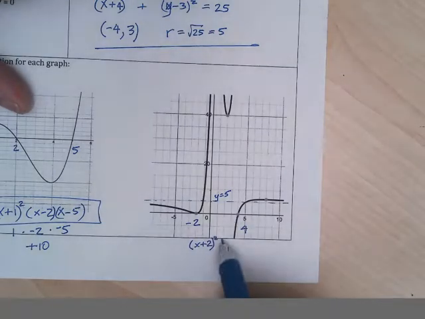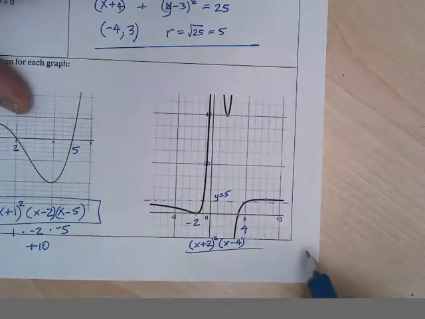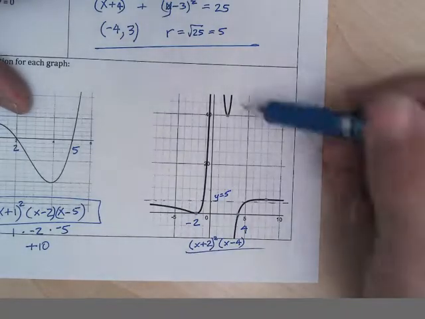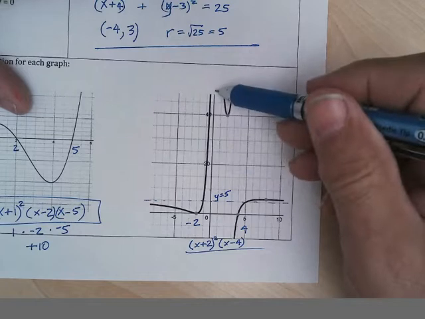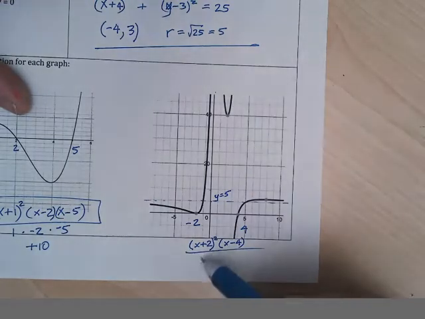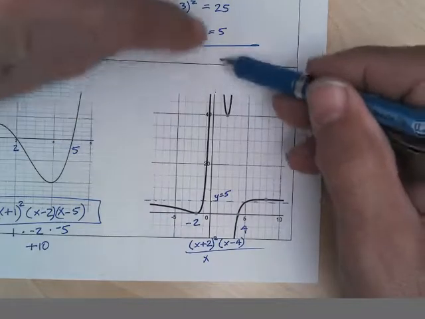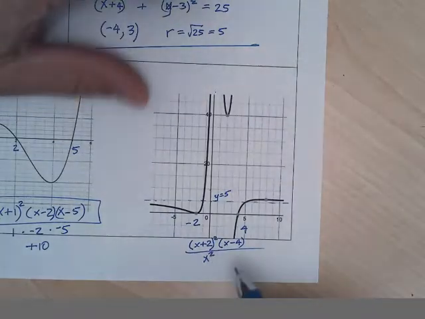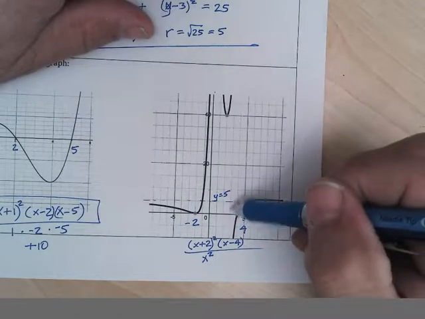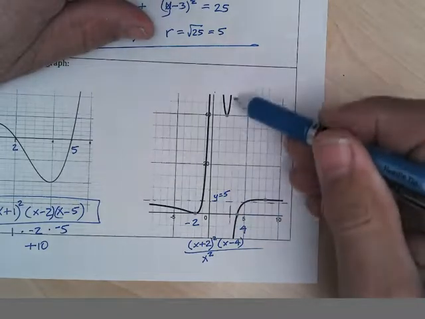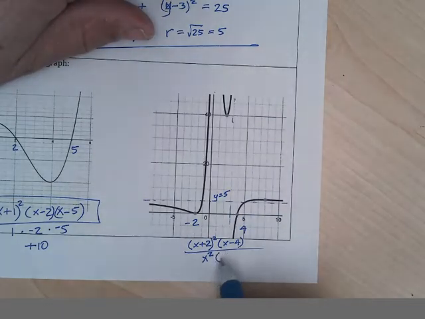To go through 4, that means x minus 4 has to be in the numerator. And to have a vertical asymptote somewhere in here, like maybe 0, you would have to have x there. It goes the same direction on either side, so it's x squared. And it looks like another asymptote at 3, so that would be x minus 3.